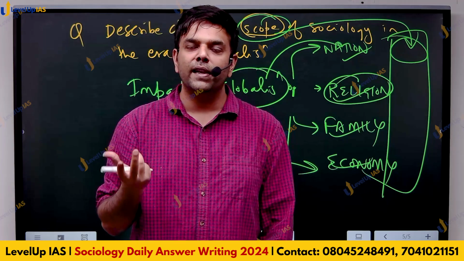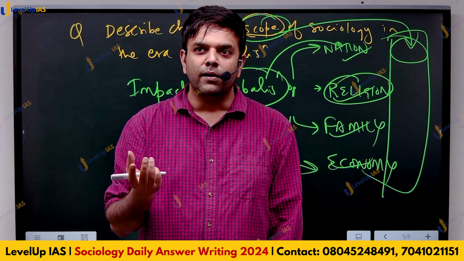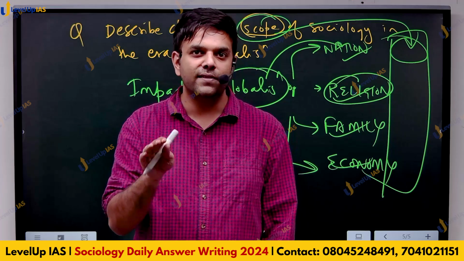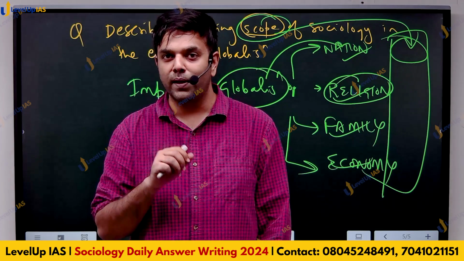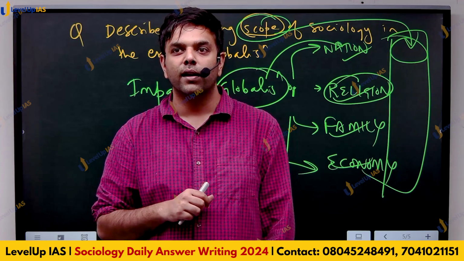Some people used to believe earlier that the world will get secularized, religion will lose its relevance. But what is happening is that with globalization, religion is also becoming global. Okay.